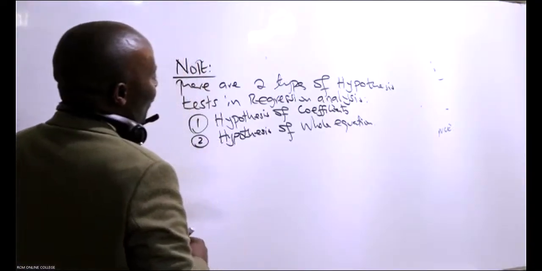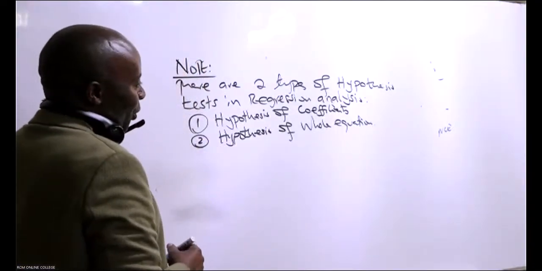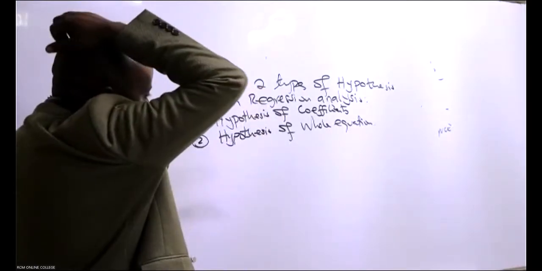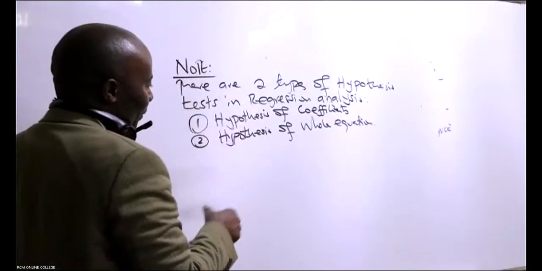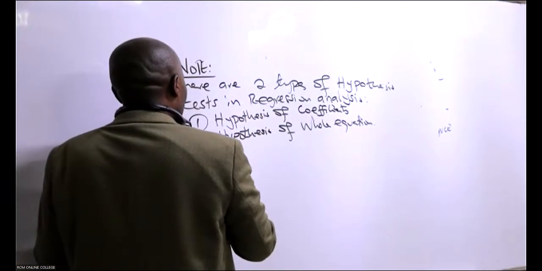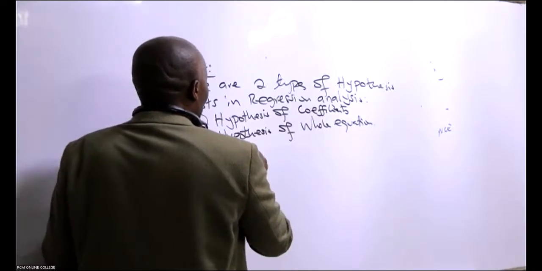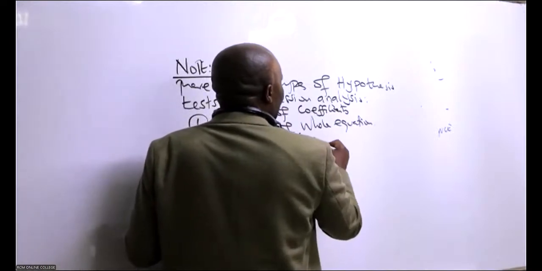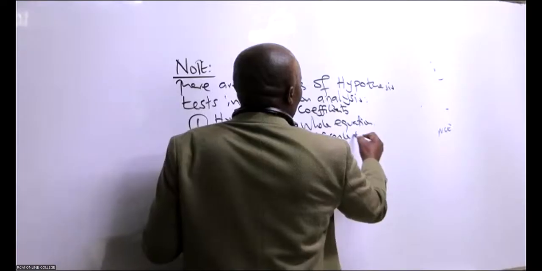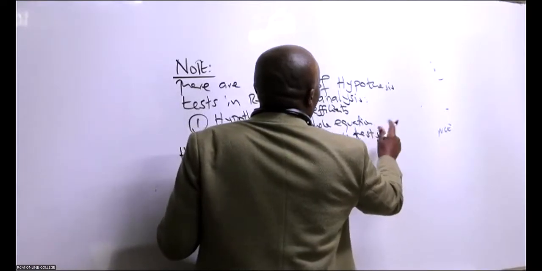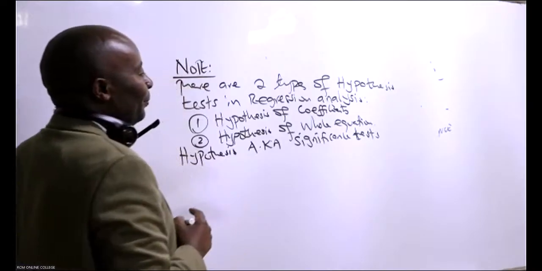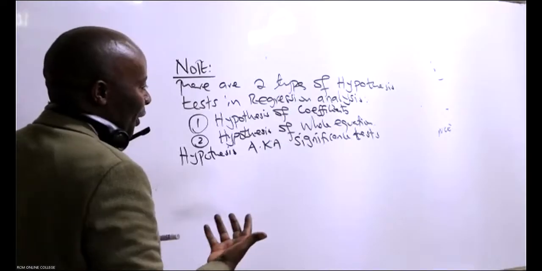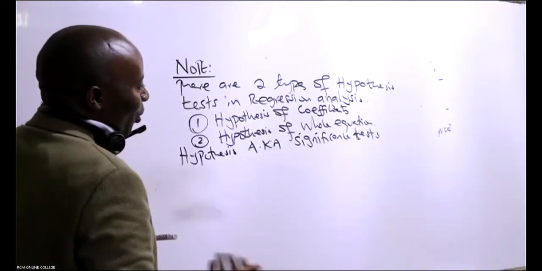So there are two types of hypothesis tests in regression analysis: a hypothesis of coefficients, and a hypothesis of the whole equation. Remember, hypothesis testing is also known as significance tests. So how significant are our coefficients? How significant is the whole equation?